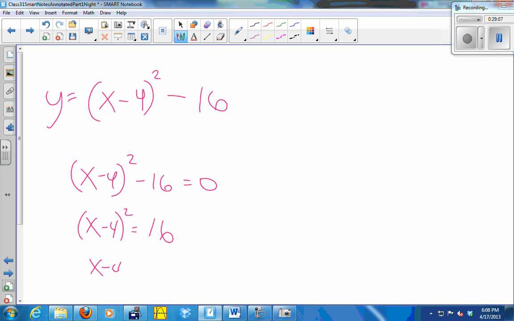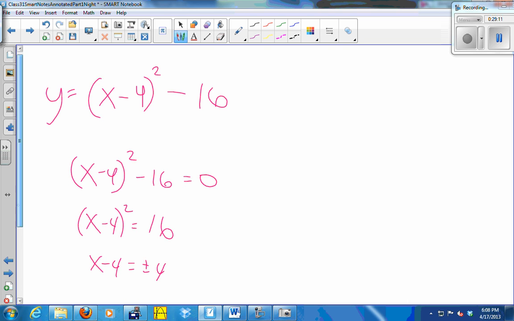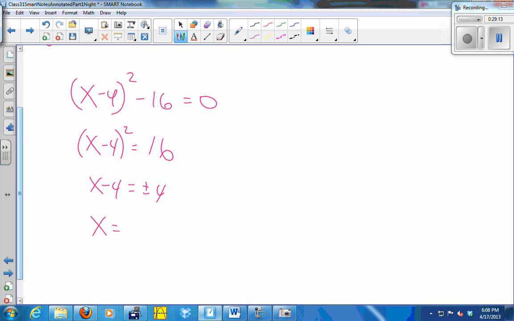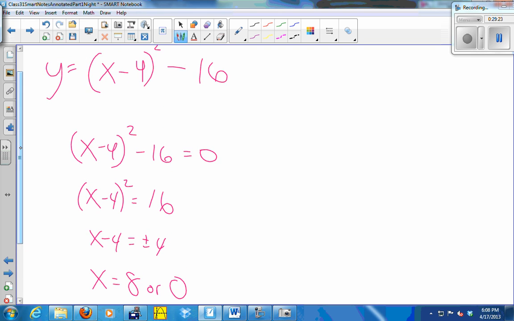So x minus 4 is plus or minus 4. So x equals 4 plus 4 is 8, or negative 4 plus 4 is 0. Two zeros, at 8 and 0. If I take this whole function and throw a 2 in front of it, that's like a vertical stretch, right? So y equals 2 times this whole thing, causing a vertical stretch of that function by a factor of 2.